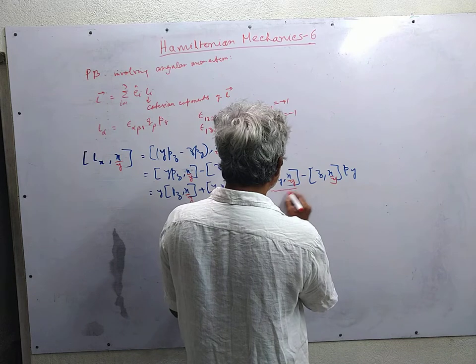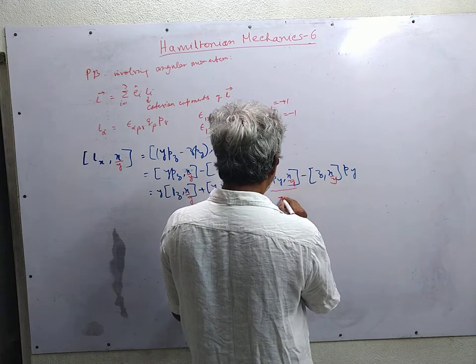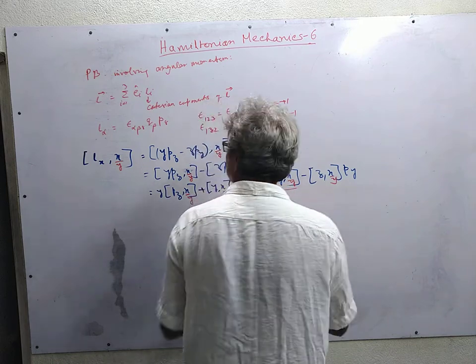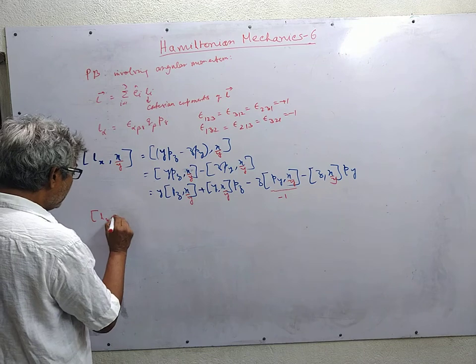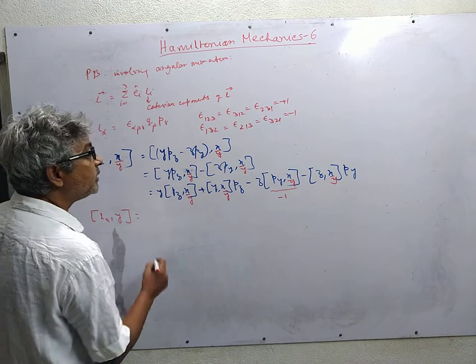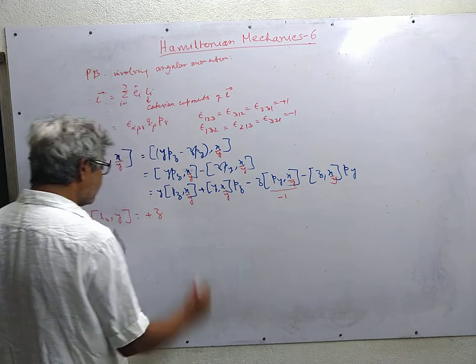In fact, this part is minus 1, so this makes it plus. So [L_x, y] is actually plus z.